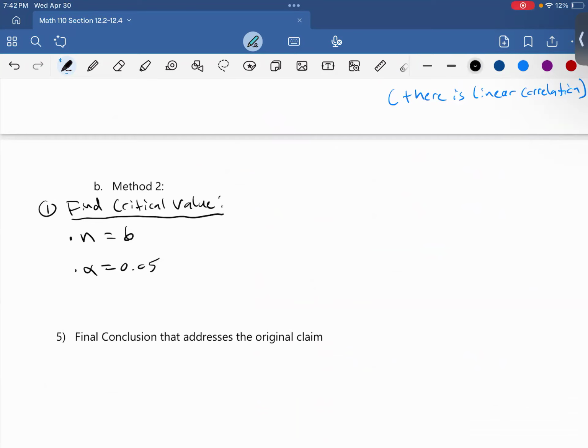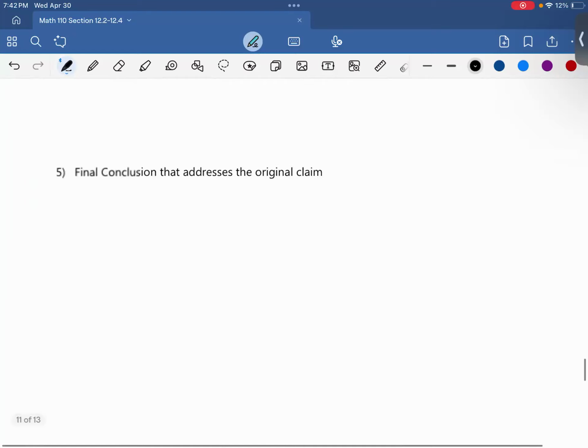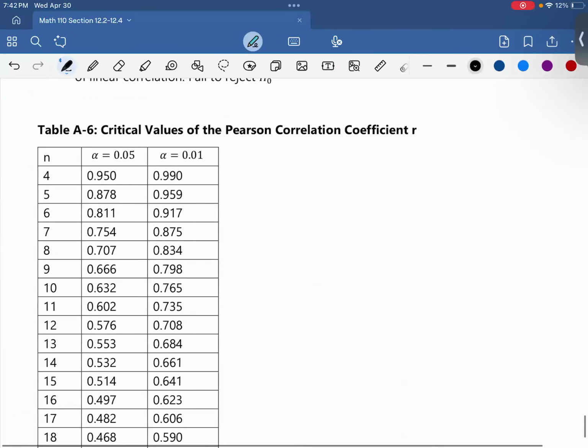So all this together gives us a critical value of what? Well, we need to go to the table and figure out what that value might be. If we scroll all the way down to our table at the end of this packet, we see that here is n equals 6, and we have a significance of 0.05.